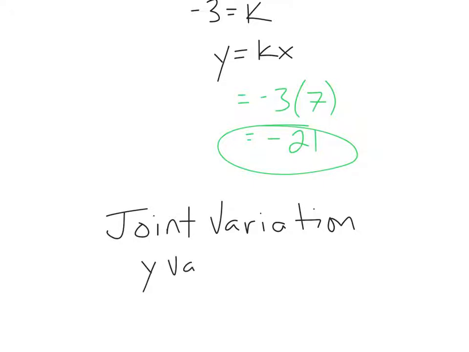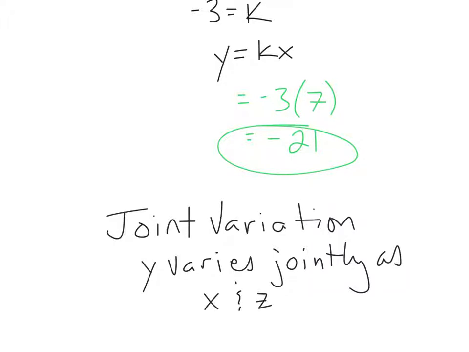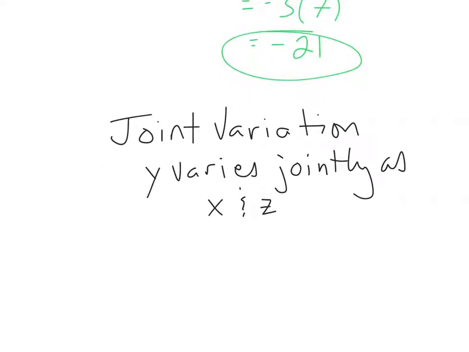Y varies jointly as x and z. And that yields this formula. It yields y equal to kxz. Yep, it is exactly the same.